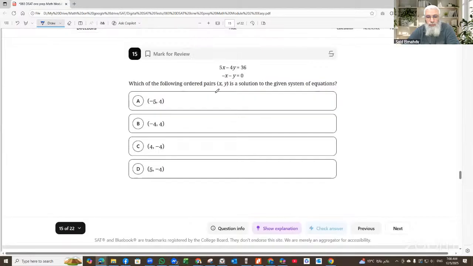Which of the following ordered pairs x, y is a solution to the given system of equations?